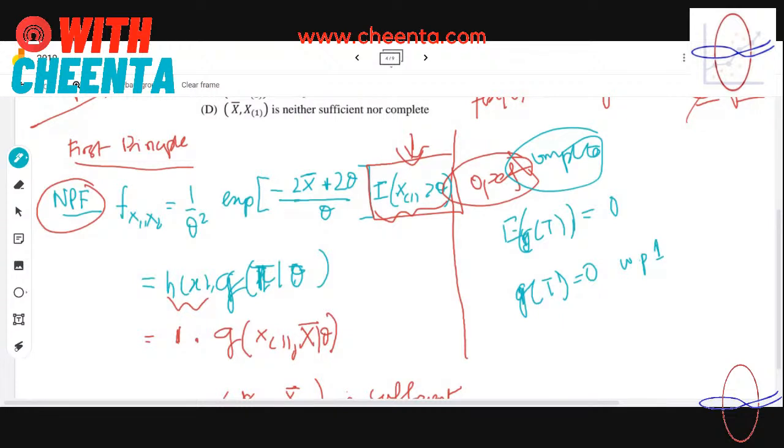Yeah, think about it. I will give you some time. I just got a very good geometrical view of completeness. Do you know about this? Do you know a geometrical view of completeness?